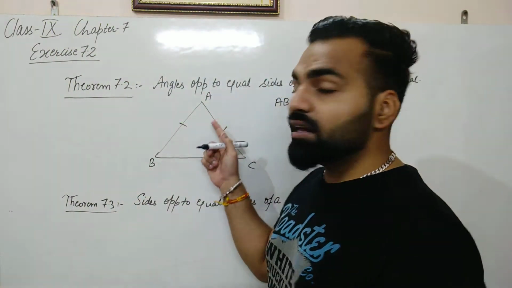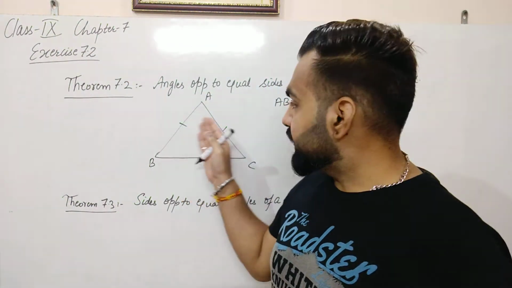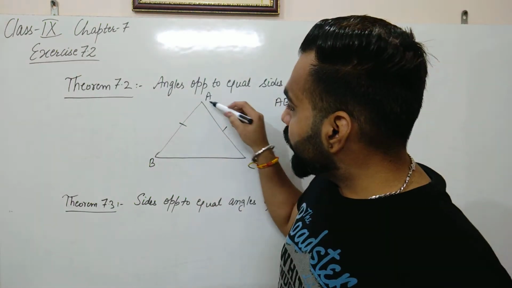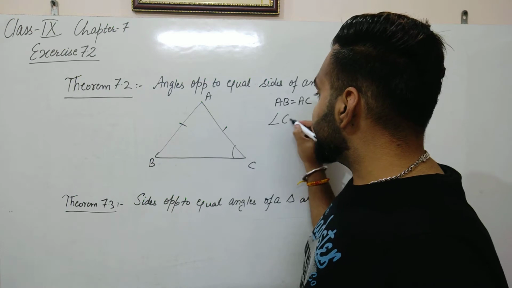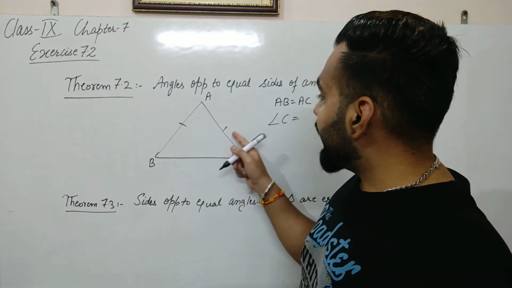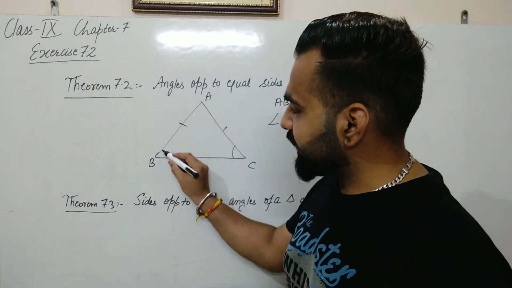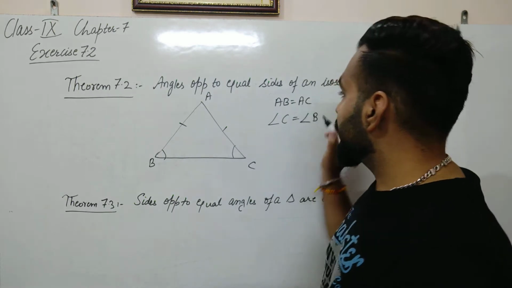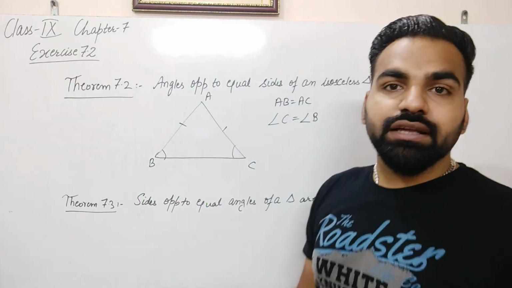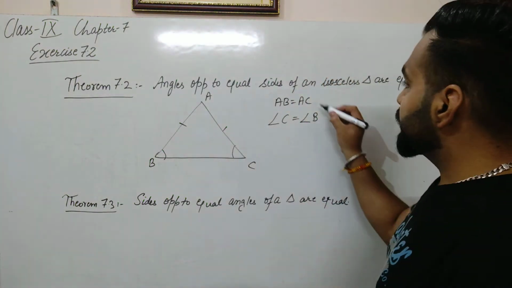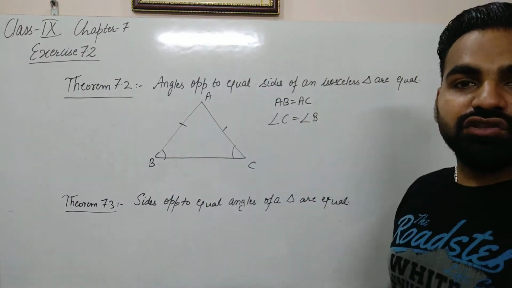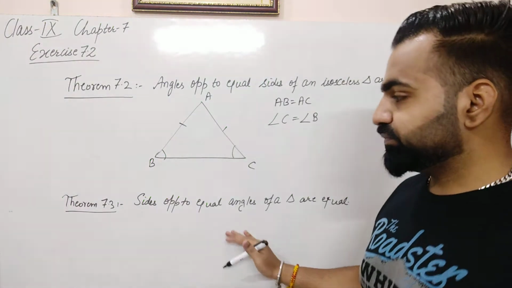Then the angles opposite to these equal sides: angle opposite to AB is angle C. So angle C will be equal to the angle opposite to AC, that is angle B. So if two sides are equal, then the angles opposite to these sides are also equal. So the reason here we write is angles opposite to equal sides are equal.